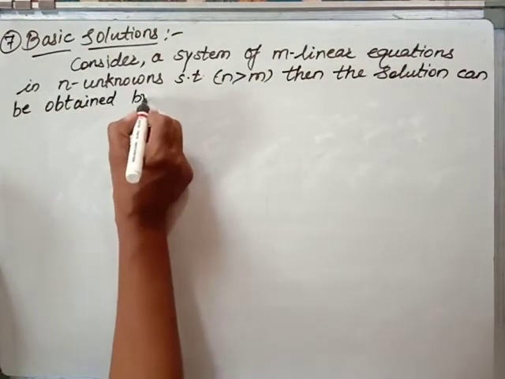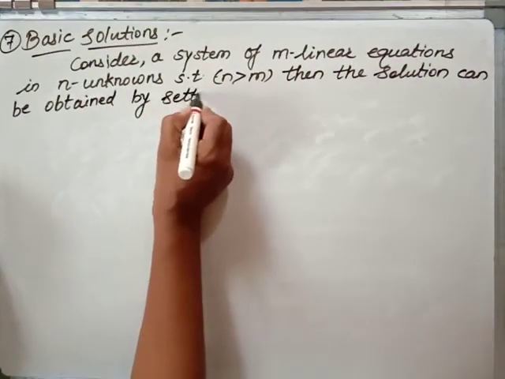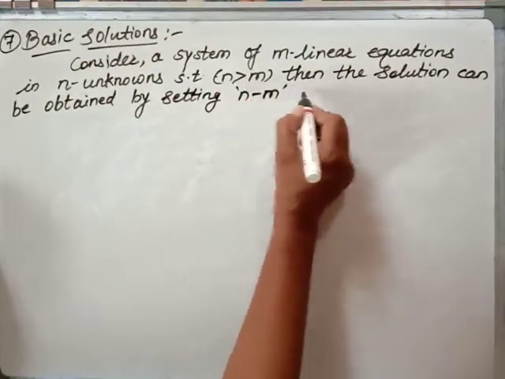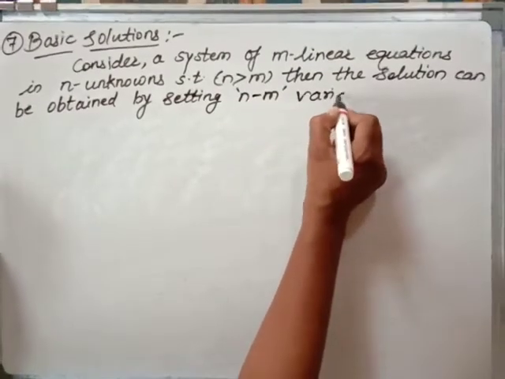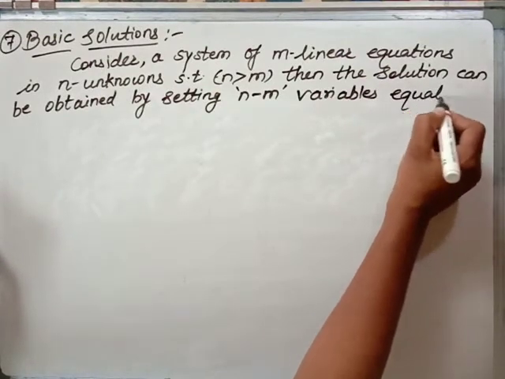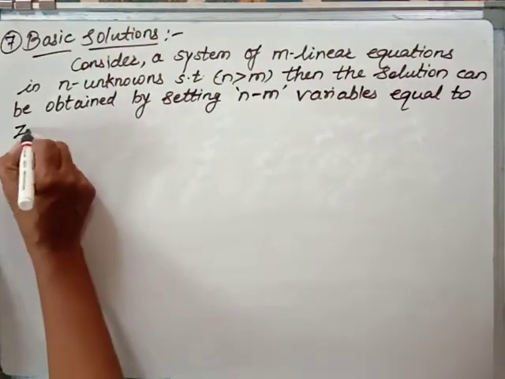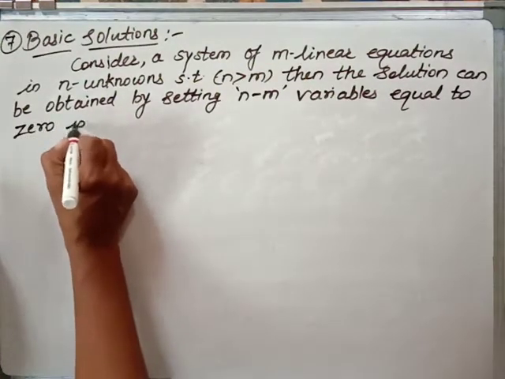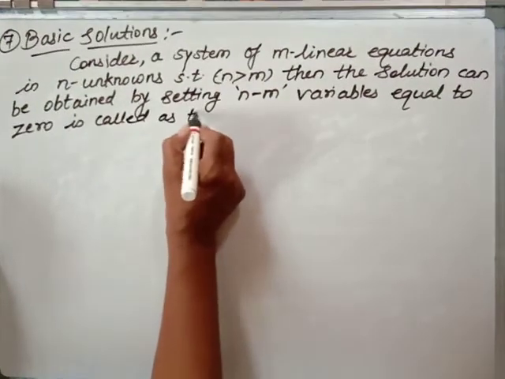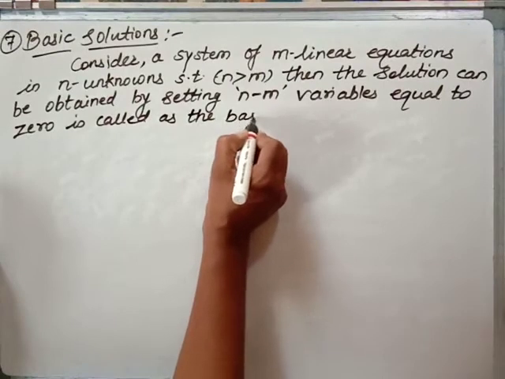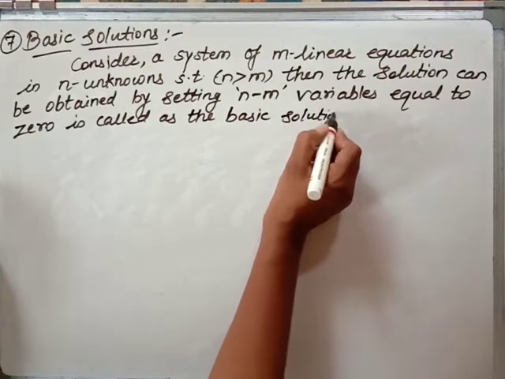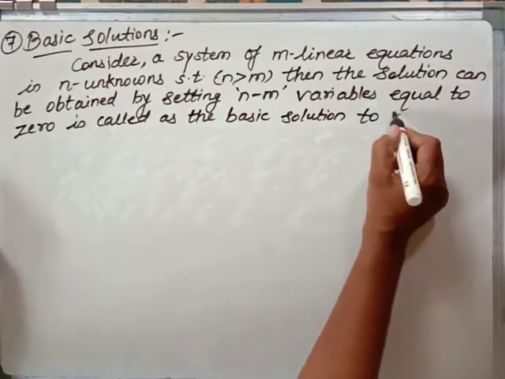by setting n minus m variables equal to 0, and is called the basic solution to the given system.